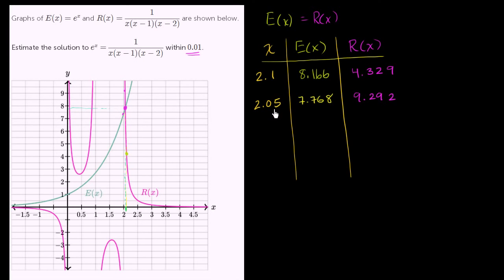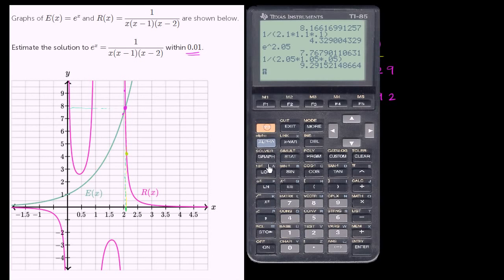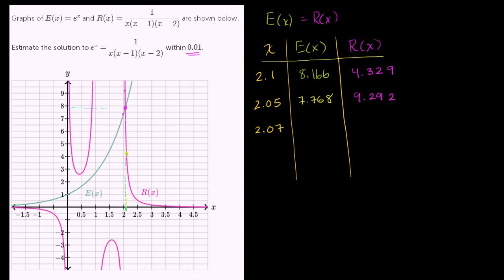So let's see if we can go a little bit higher, and let's try to go roughly halfway between these two. But I don't want to get too precise because we have to get to the nearest hundredth. So let's go to 2.07. So e to the 2.07 is equal to 7.925 if I round it.